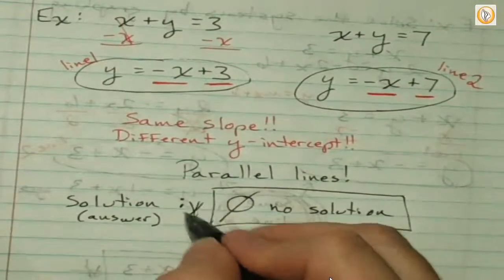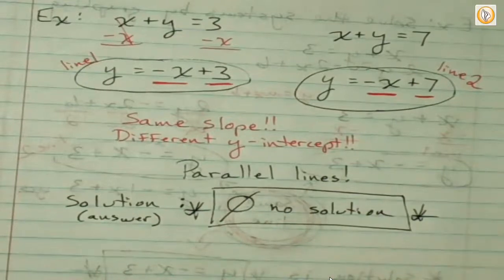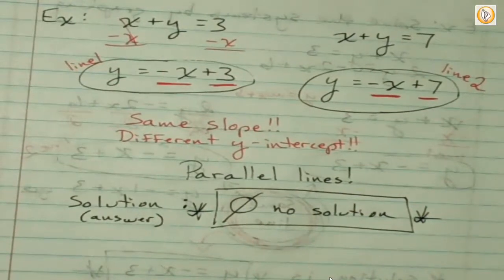Remember, the others, they either had one point where they crossed, and that's your answer, ordered pair. Or they were the exact same line, so they crossed on top of each other. So both the others, they're actually touching, and so your answer is either the ordered pair where they cross, or it's the equation itself.